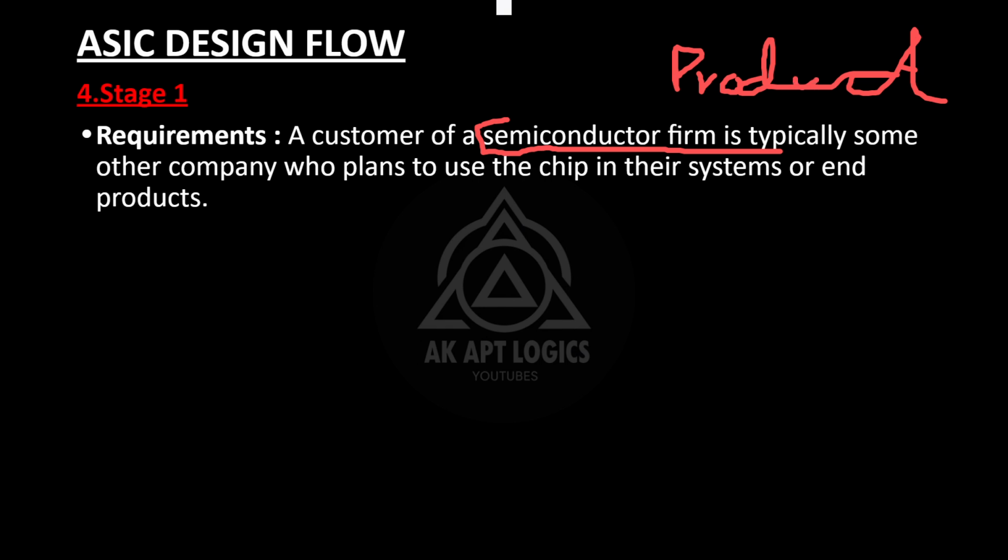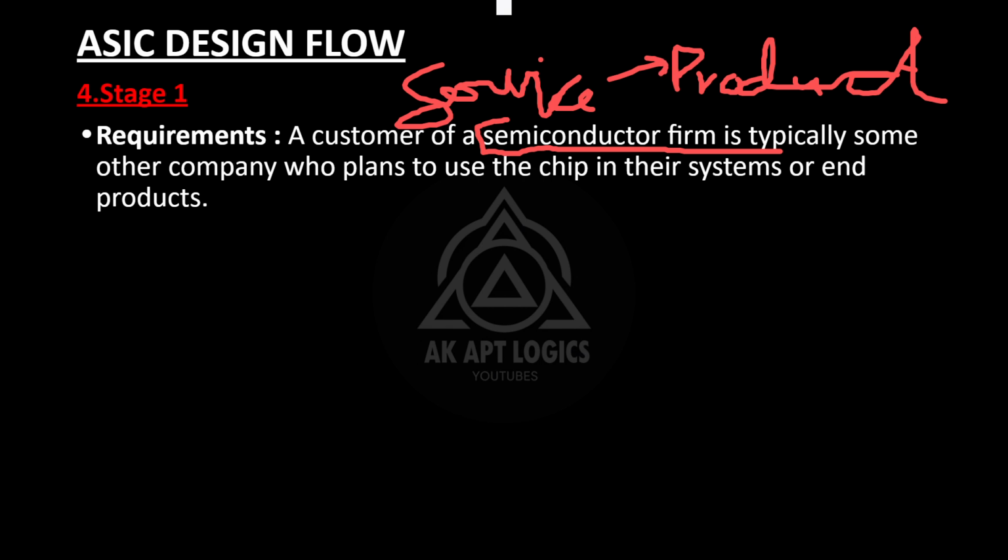There are two types of companies: product based and service based. Product based companies are where the end product is designed, and a service based company does the work for the product based company.